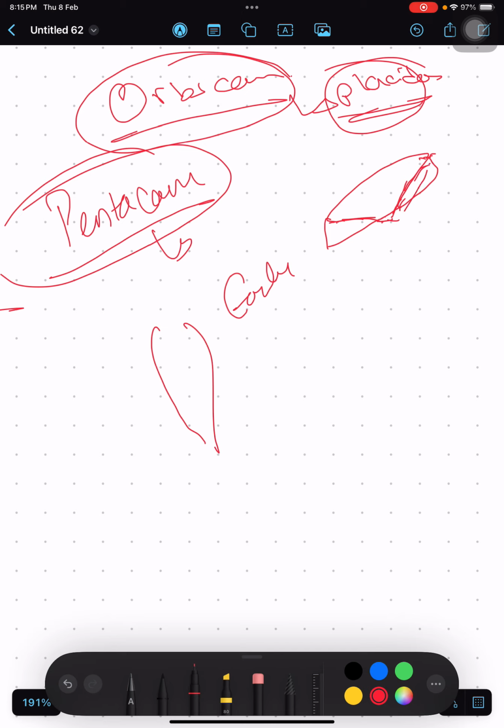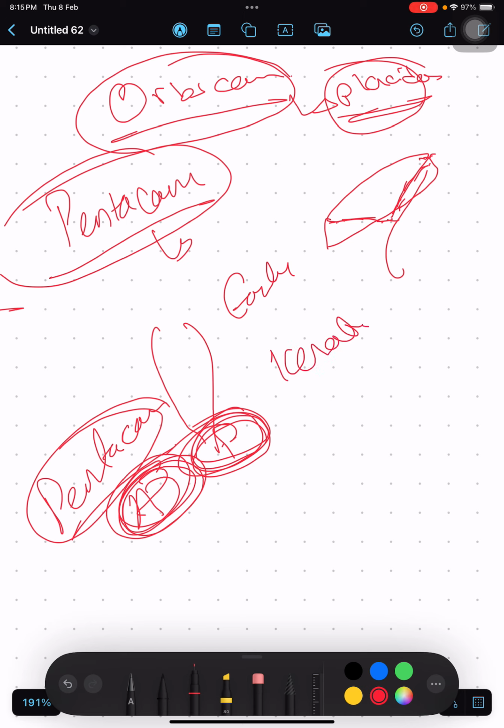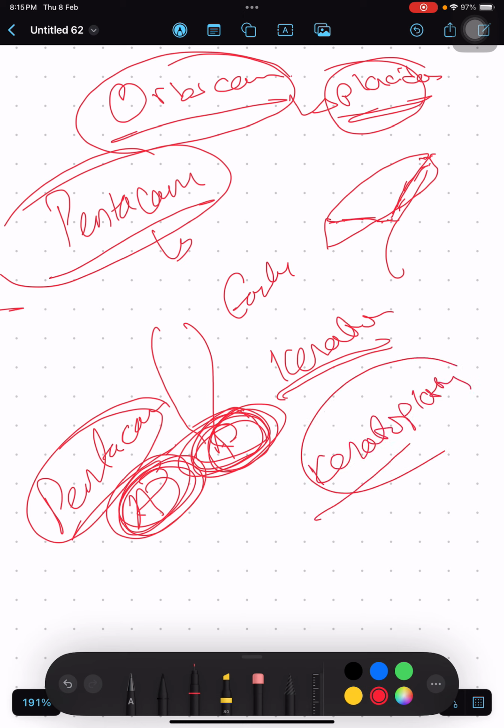I'll talk about this in later classes. For now, just remember that the pentacam looks at both the anterior and posterior parts. What's the advantage? Early changes of keratoconus occur from the posterior part, so you can intervene early, so that the person doesn't have to go for a keratoplasty. He can just be treated initially.